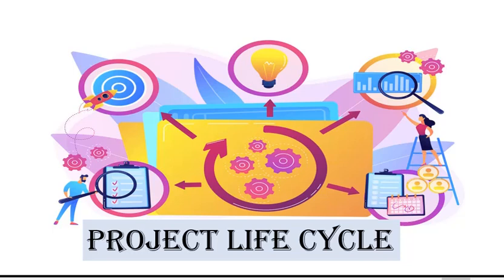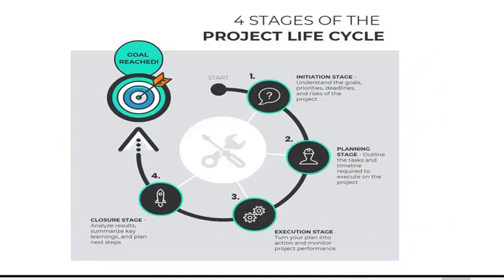Project managers have to conduct research to determine the best processes by which the projects can be completed, and based on that the project life cycle phases are determined, right? So let us study the four or five stages of project life cycle.